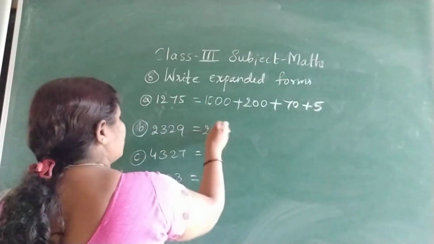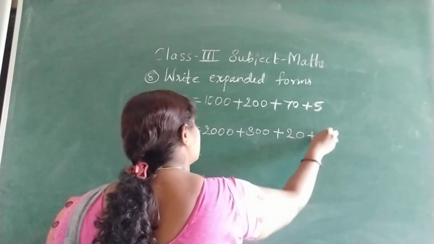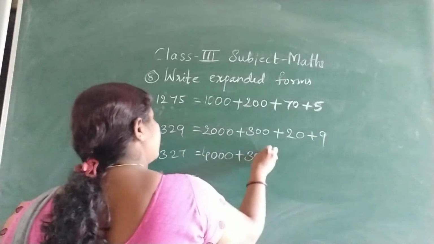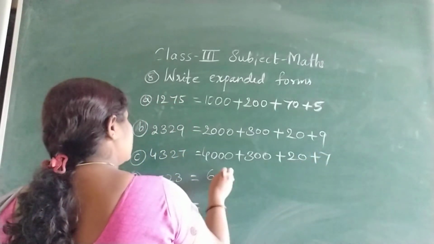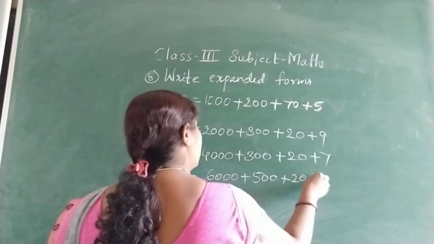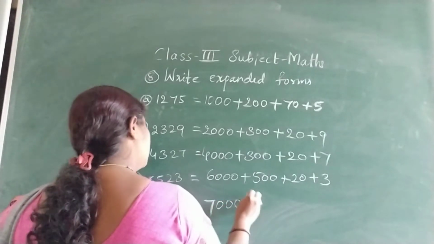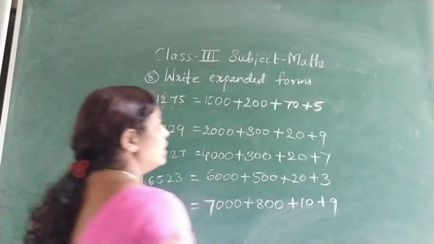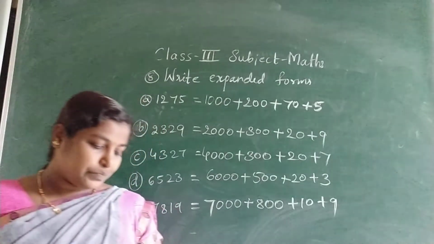Then 2000 plus 300 plus 20 plus 9. 4000 plus 300 plus 20 plus 7. 6000 plus 500 plus 20 plus 3. Next, 7000 plus 800 plus 10 plus 9. These are the expanded forms of the given numbers.